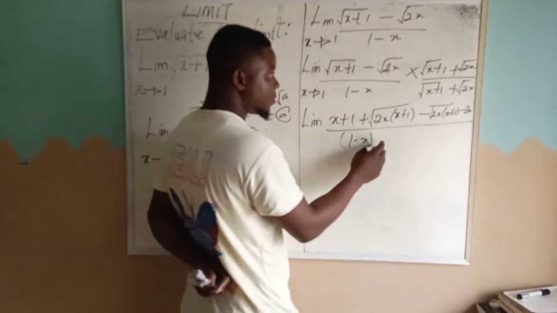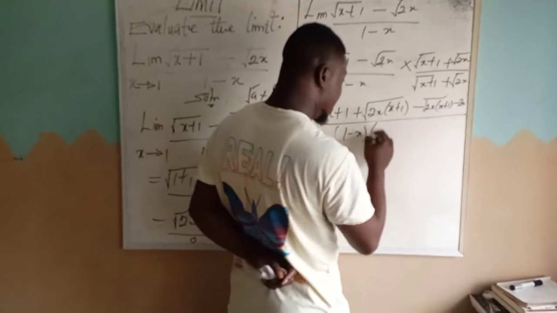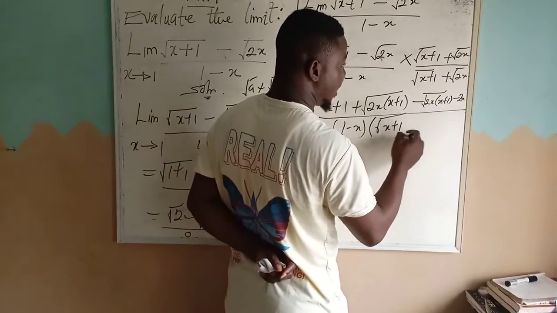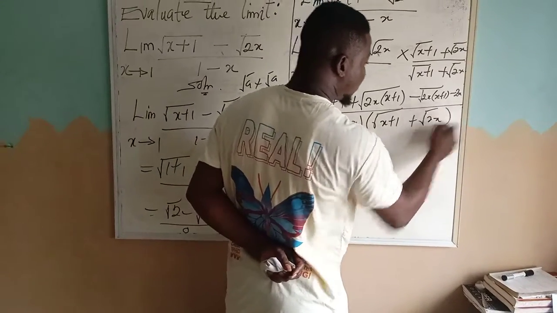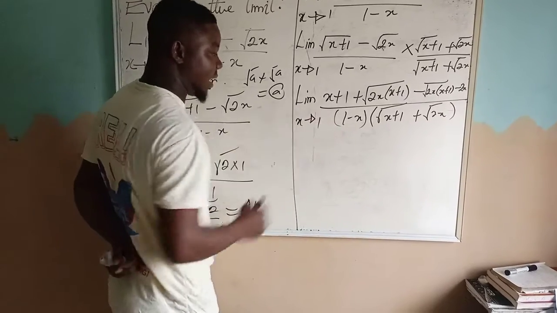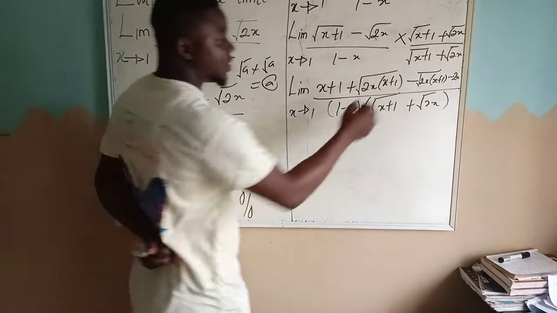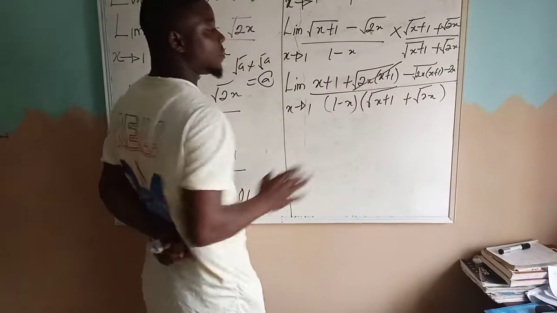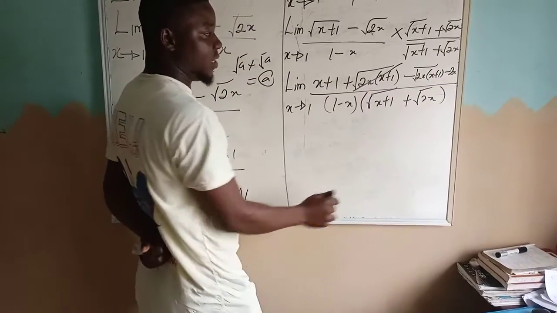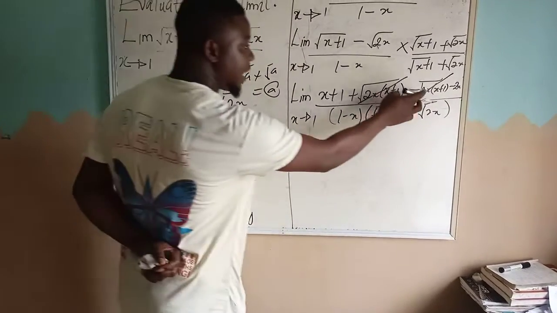we multiply this whole thing here, which is open bracket, square root of x plus 1 plus square root of 2x. Don't forget your x is approaching 1. Okay? And then from here, you can do some cancellation. This positive root 2x times this, cancels this, because they are the same and they are carrying negative and positive.